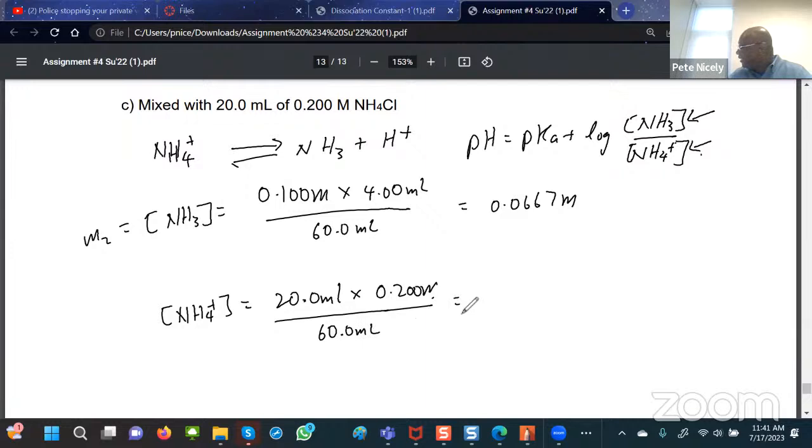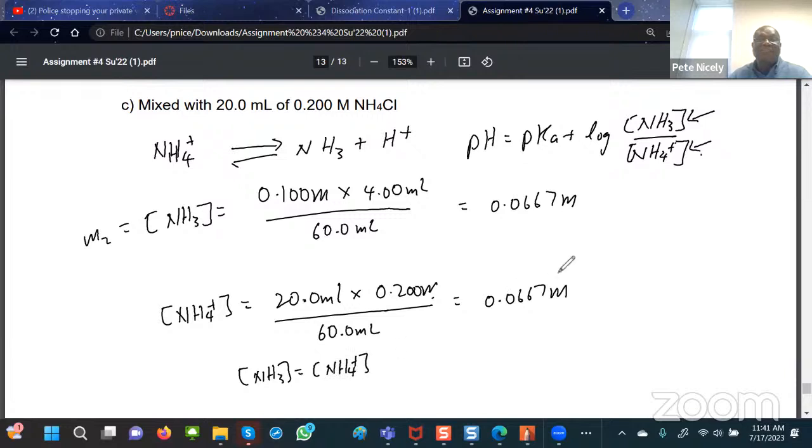And according to my calculation, this gives, guess what? 0.0667 M as well. So that means that the concentration of ammonia is equal to the concentration of ammonium.